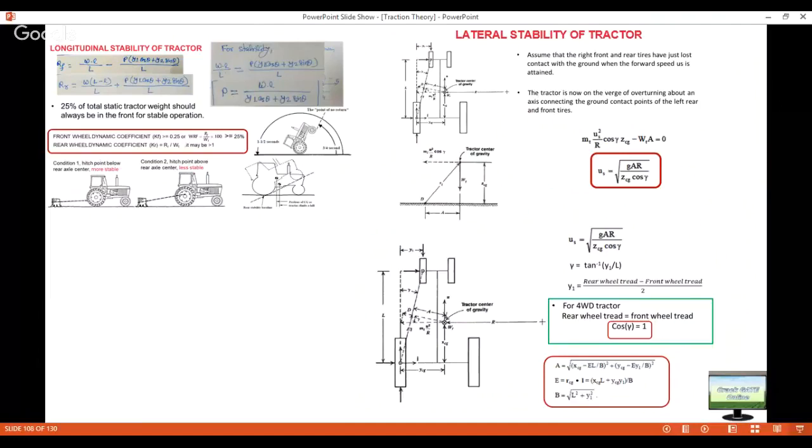So guys, these are all interrelated and will all affect the performance of your tractor, and that is why you need to understand all these things very carefully.